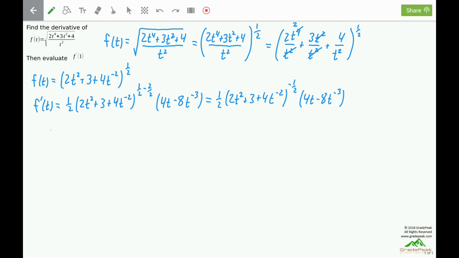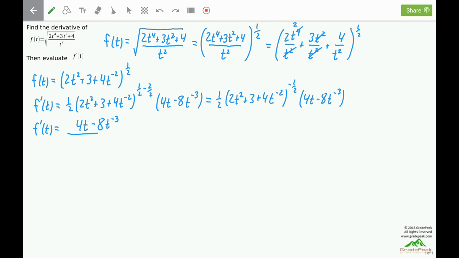And we can then call it a positive exponent. So our f prime of t will now be, in the numerator, we're going to keep the 1 and all of this. So that'll be 4t minus 8 t to the -3.